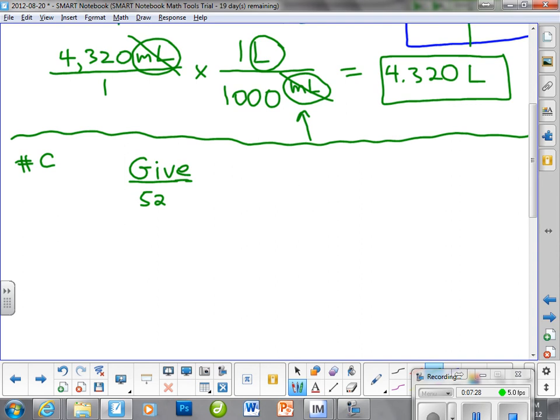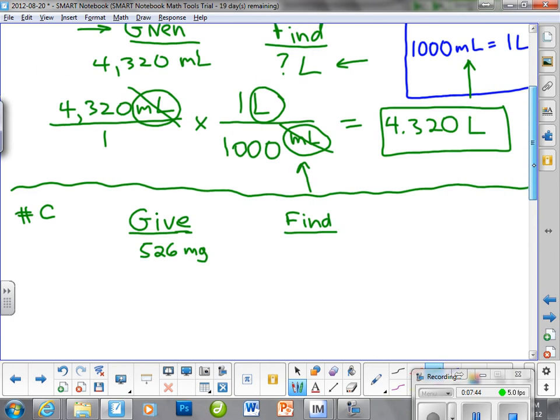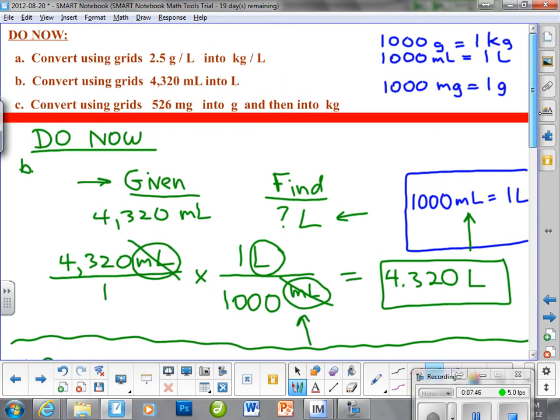And what's the unit of measure? Milligrams. Okay, and what are we supposed to find? First to grams, then to kilograms, right?